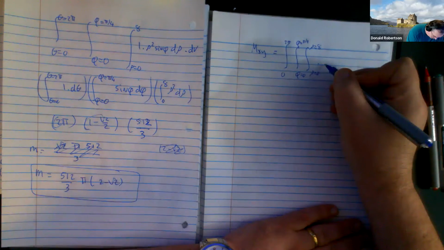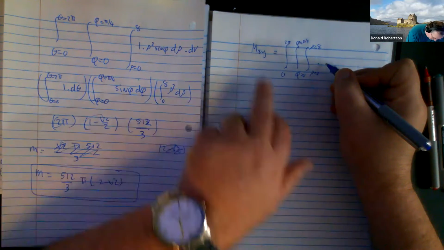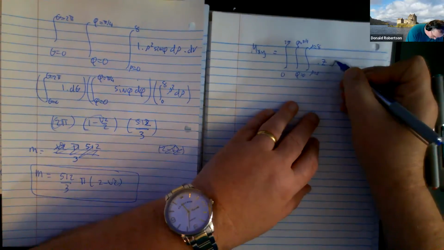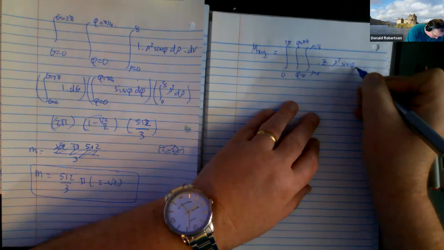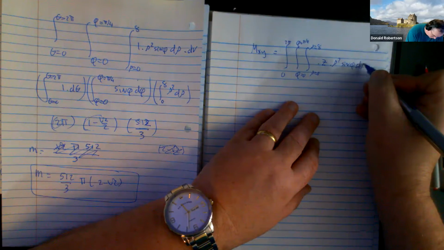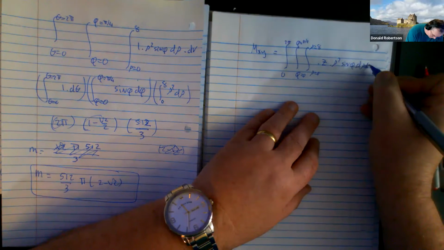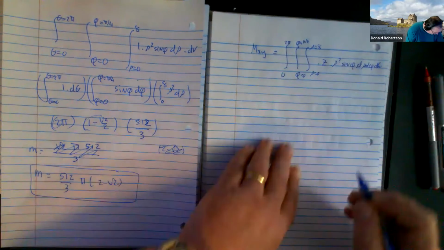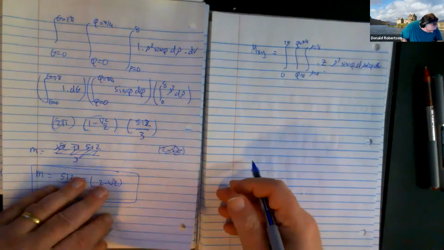With, well, if it's xy, it's z times rho squared sine phi d rho d phi d theta. And the z gets turned into this fella.